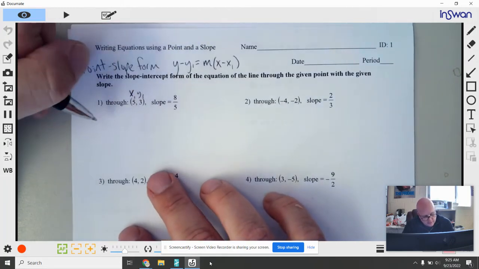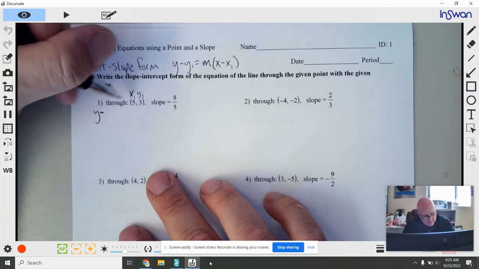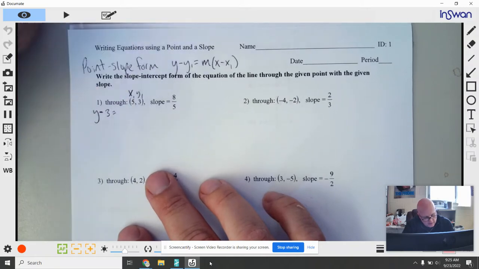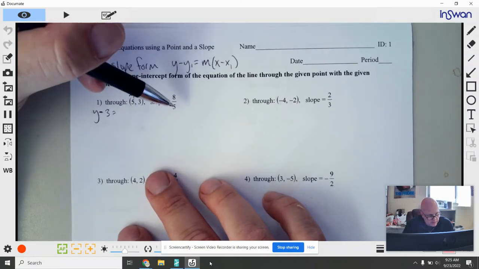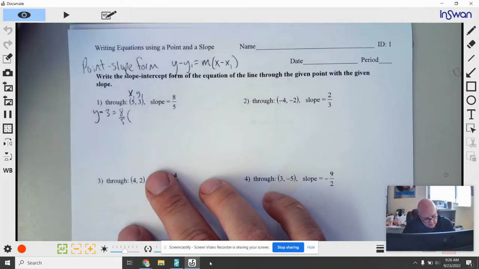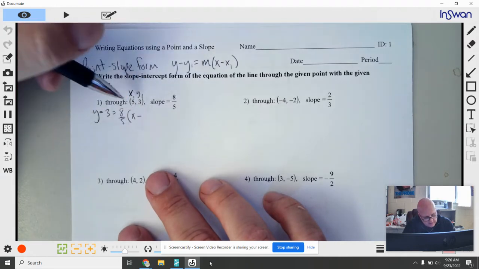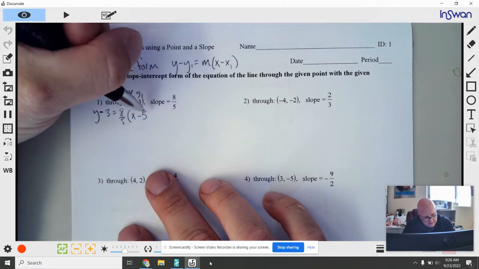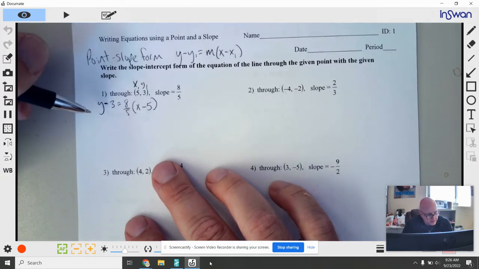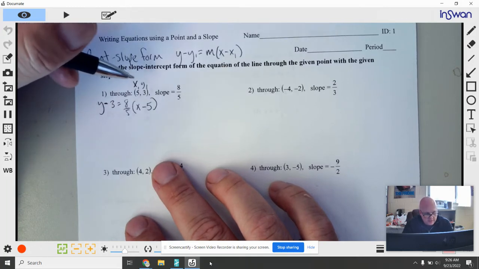If I use this formula, the y always goes in front, minus y sub 1, in this case it's 3, equals, we know that m stands for slope, and here they tell us the slope is 8/5. So 8/5 multiplied by the quantity x minus x sub 1, and that's going to be a 5. Okay, so that's my equation in point-slope form, but the directions are write it in slope-intercept form.